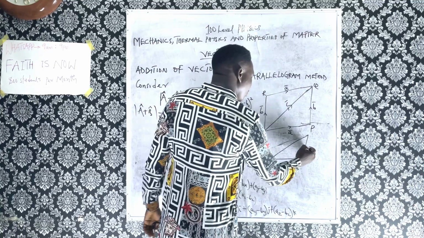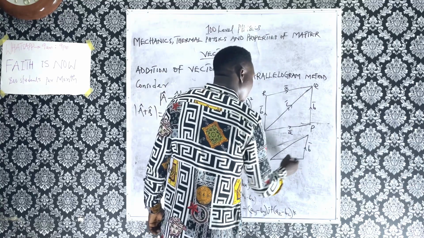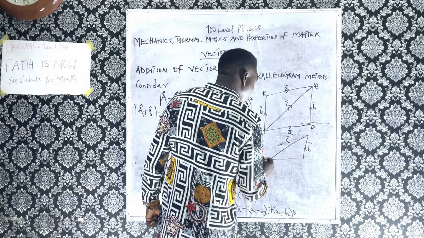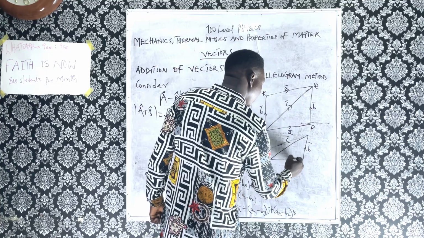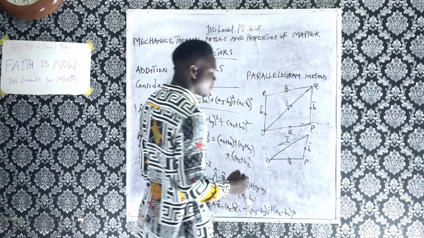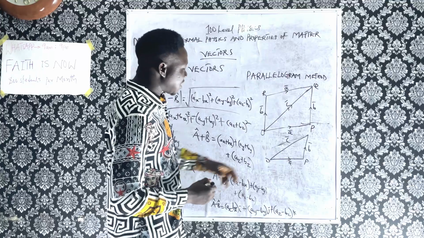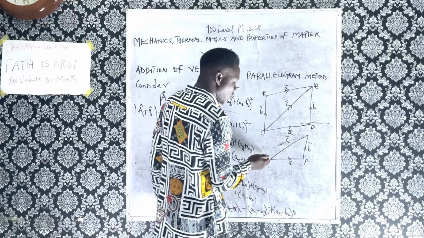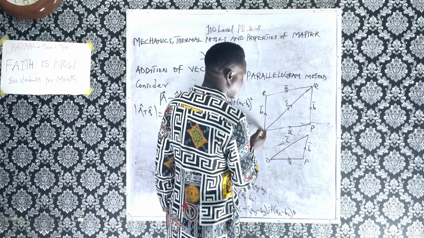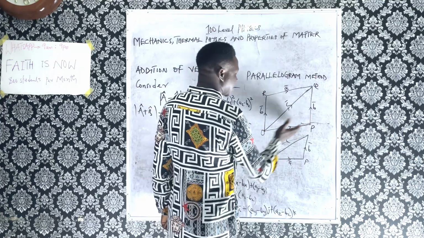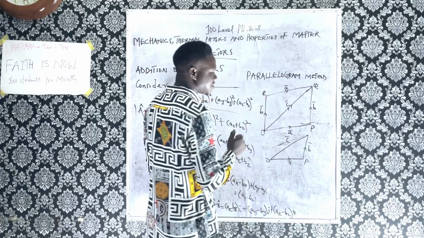So B, C, O, A, then B. Now if I want to get C, which is the total force acting on this point, there are two forces acting on this point: this force that is going this way, and this force that is going in this direction.